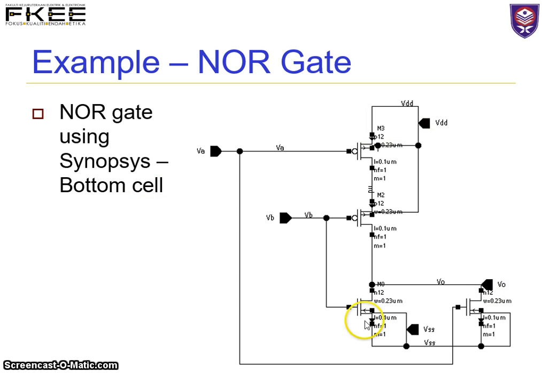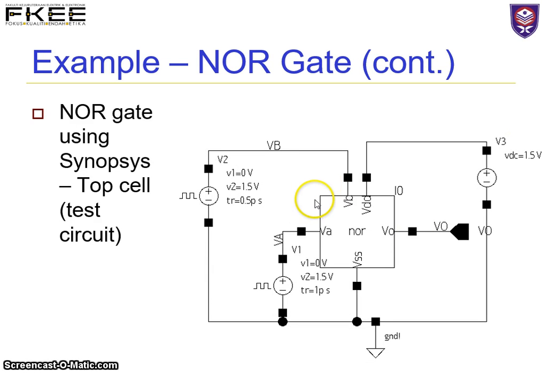I save this as a symbol, and then I use that in the test bench. In the top cell, I just draw the inputs VA, VB to the inputs VA, VB. Of course, for VDD we need a power supply over here. The output is VO, and VSS is the ground. So this is another cell, the top cell, the test bench.